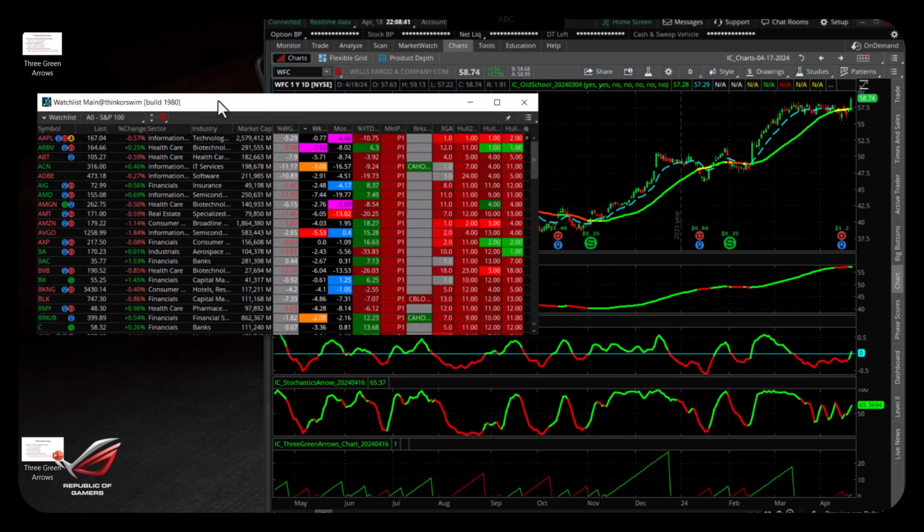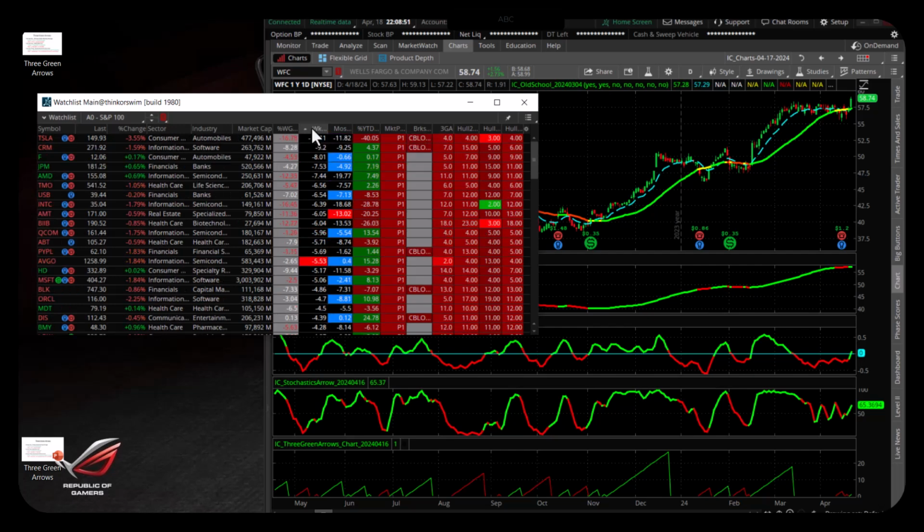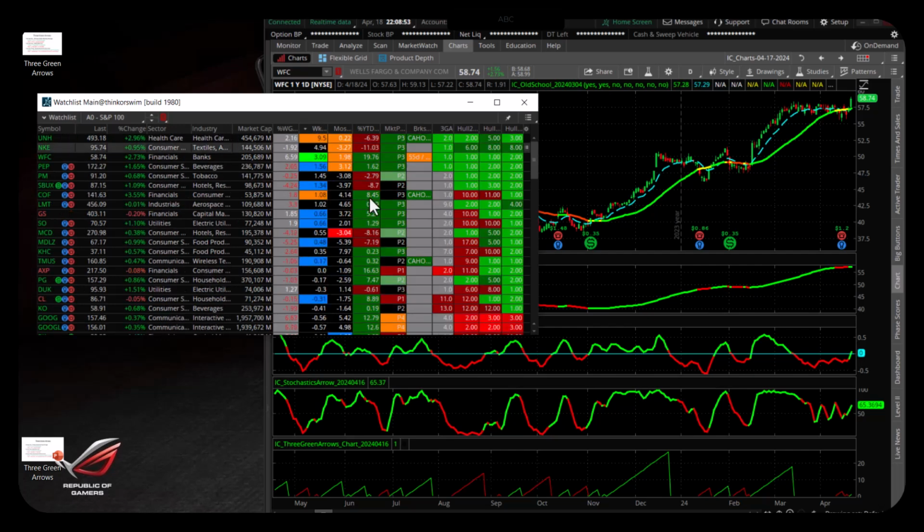This is an interesting chart. The stock market's been in a terrible position for the last couple weeks or so. If you look at this watch list, we're looking at the S&P 100, and this column right here is the three green arrows.